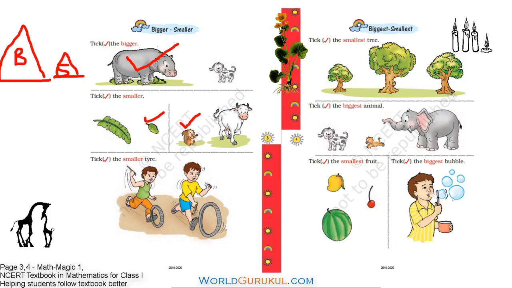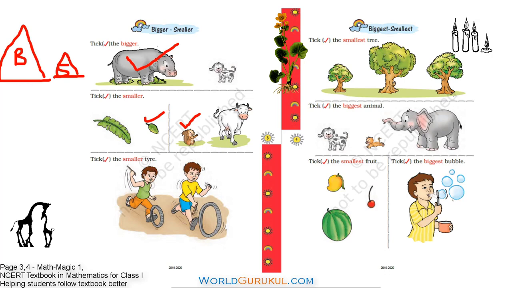Now you see two boys are playing with a tire. This is one kind of play you will see in villages. They keep the tire rolling while playing. That is the game. Can you tell me which tire is smaller?